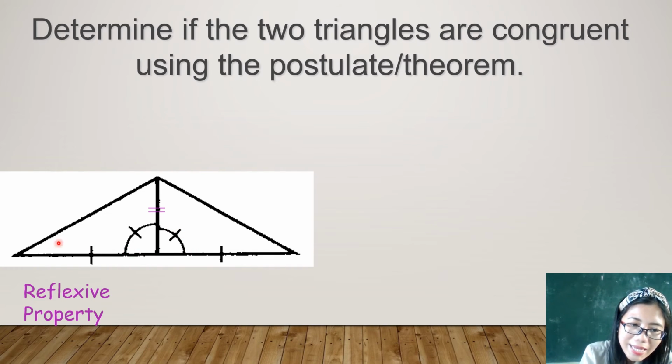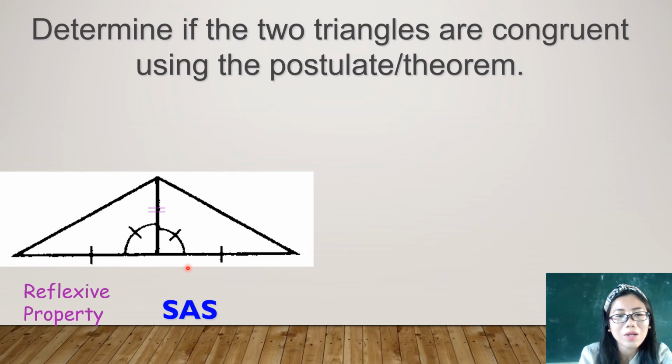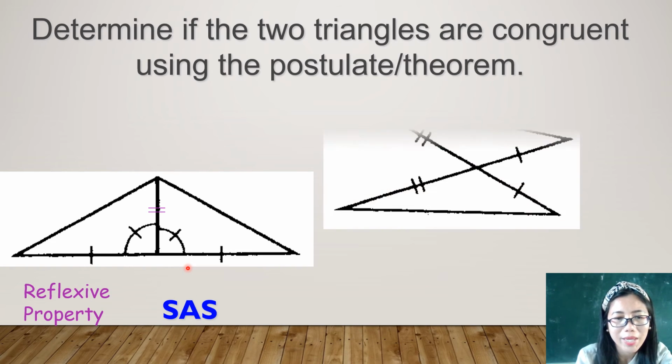And this side is congruent to this corresponding side. Notice this side and this angle. It is very obvious that this is an included angle on another side. So, side, angle, side. These two triangles are congruent by the SAS Congruence Postulate.